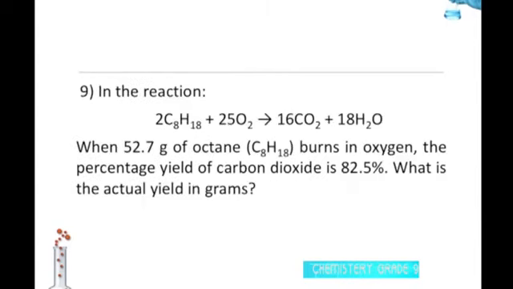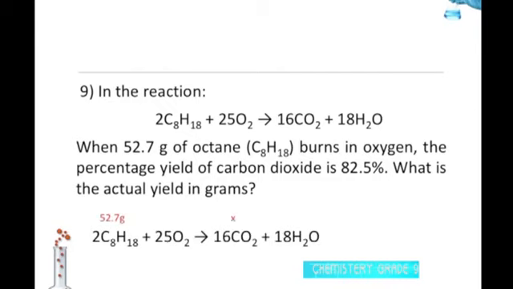In this reaction, when 52.7 grams of octane burns in oxygen, the percentage yield of carbon dioxide is 82.5%. What is the actual yield in grams? We write the balanced chemical equation. We write the known and the unknown on the top, the weights on the bottom.